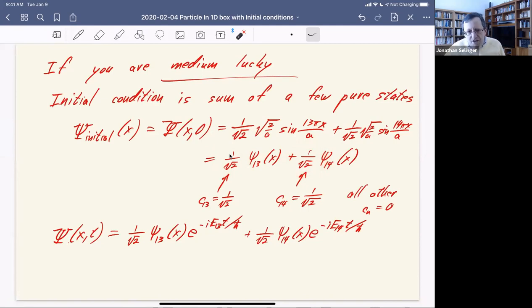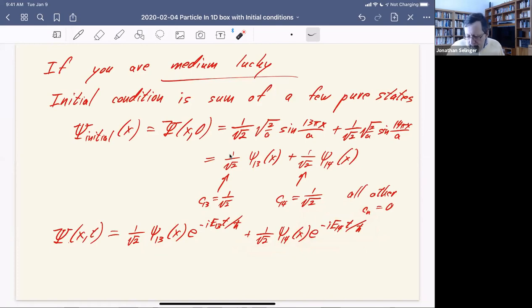Okay? And in that case, we can plug those coefficients into the general solution, and we say, well, now our general time-dependent solution is the sum of state 13 with the way that state 13 evolves in time, plus state 14 with the way that state 14 evolves in time.